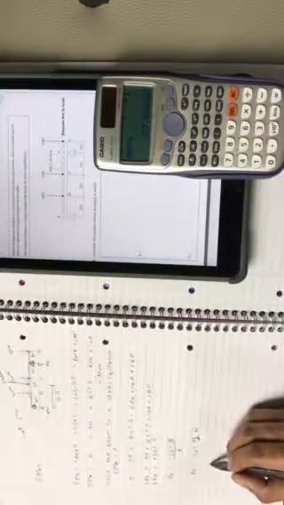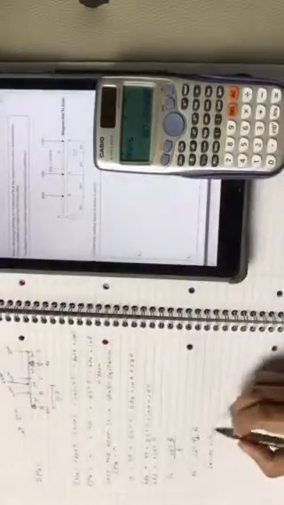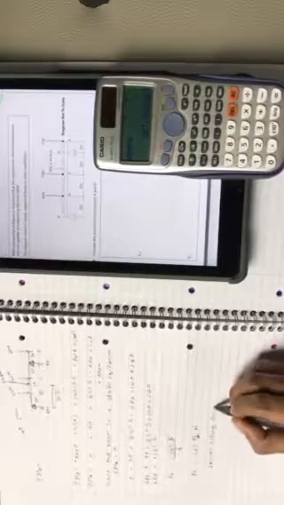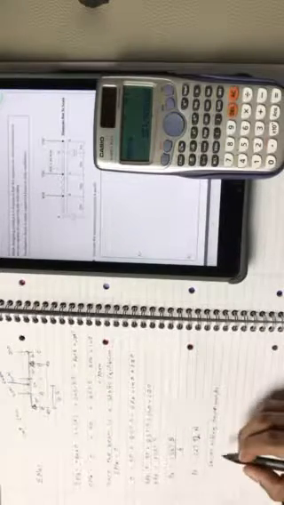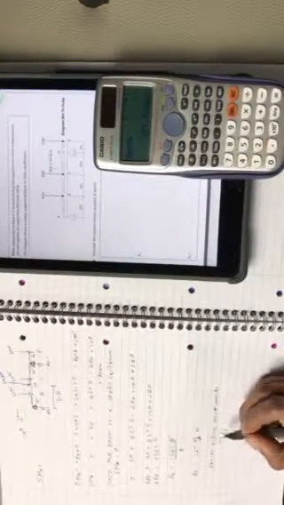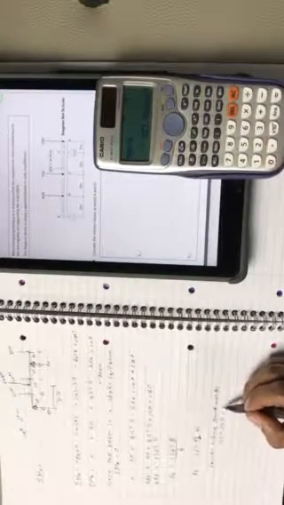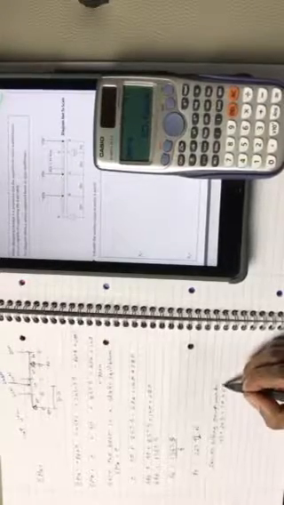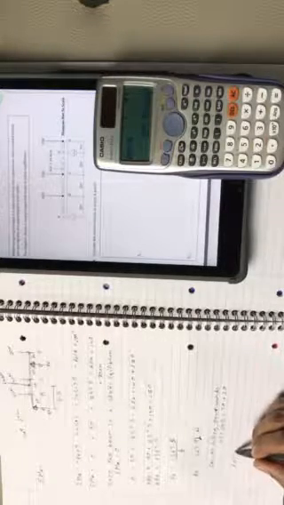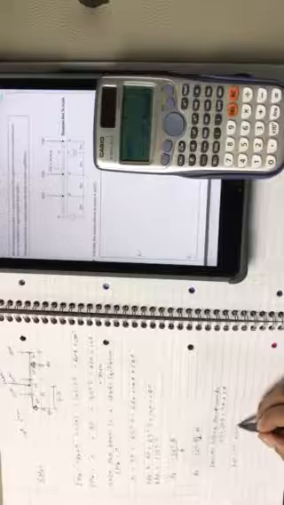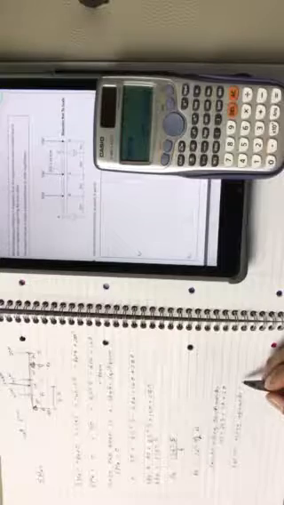So forces acting downwards will be equal to 45 plus 245 plus 70 plus 20, and forces acting upwards is RA plus RD.